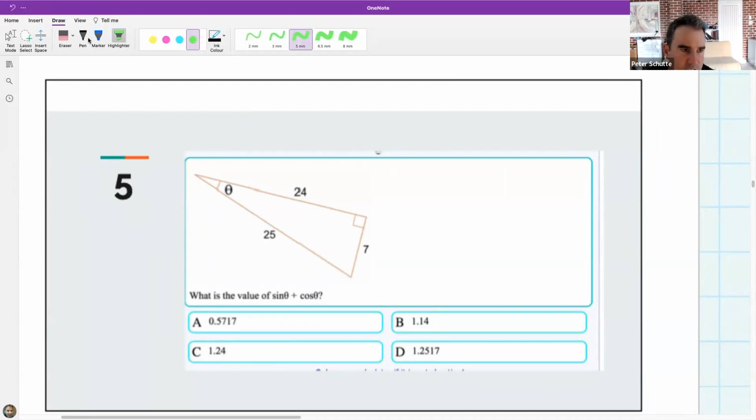I see lots of answers coming through. Would anybody be willing to share how they got there, or what thinking they used? It's not so much about the right answer at this stage. It's just about how you figured out what was what. If you are willing to share, just pop your hand up, and then we can have a quick little look at how you did it.